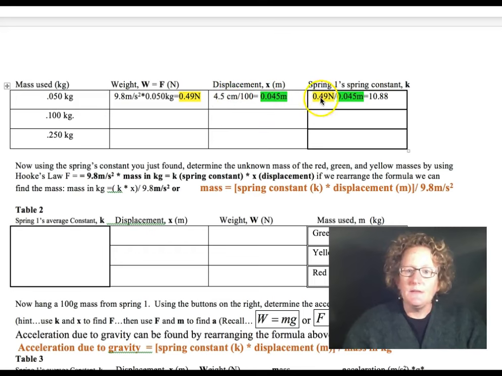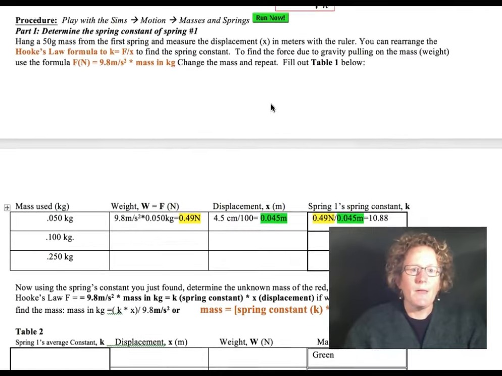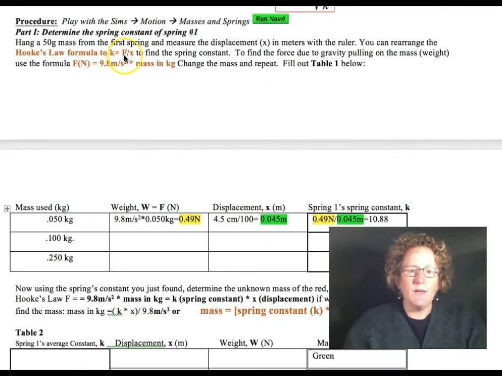And then take this box here and divide it by this box. Or take the force and divide it by displacement to get the spring constant, as shown here. K is equal to F divided by X, the displacement. F, in this case, is the force being applied to the spring due to gravity pulling on that mass.